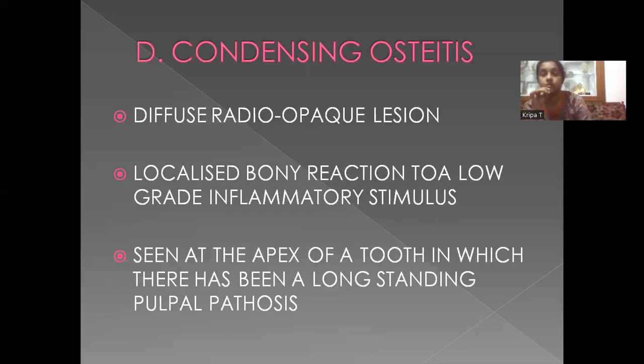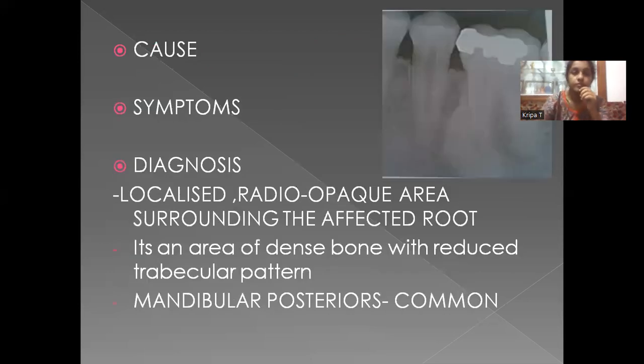Another chronic lesion is condensing osteitis. It's a radiopaque lesion, rather diffuse, a bony reaction to a low-grade inflammatory stimulus. This is usually seen at the apex of a tooth in which there has been a long-standing pulpitis. Usually symptoms are not there.